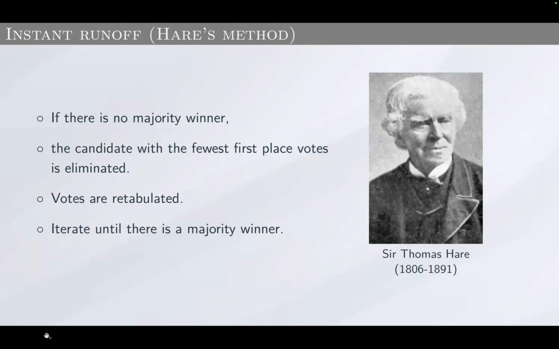And now you retabulate. Now you see who has the most first place votes. And if nobody has crossed the 50% threshold, you repeat again. You eliminate and you retabulate, or reallocate, votes.